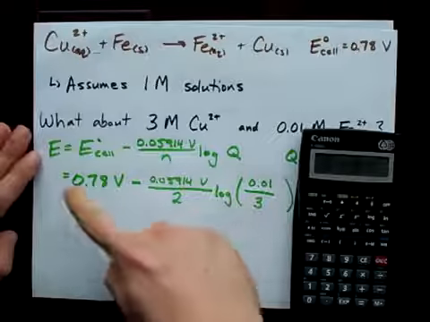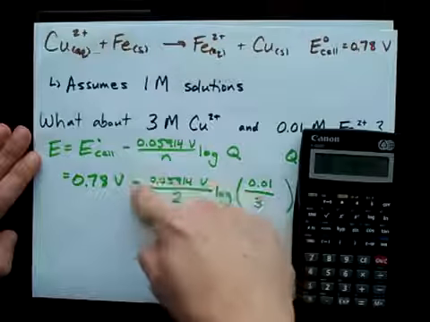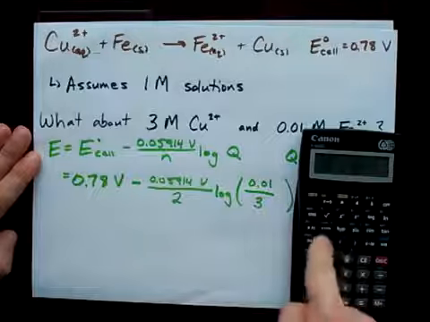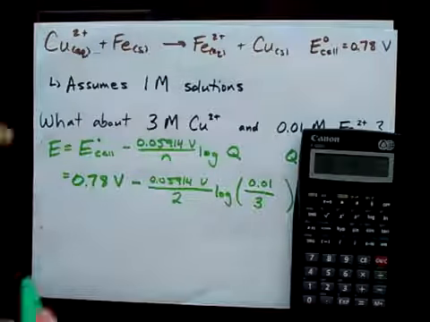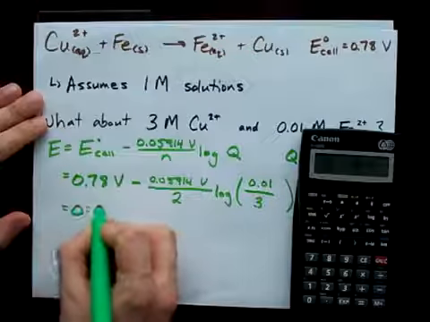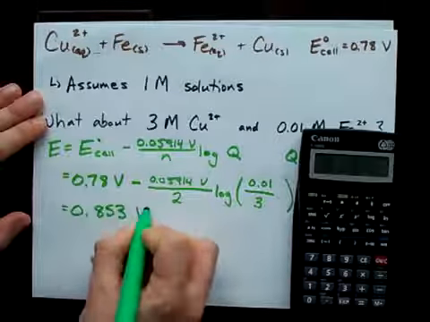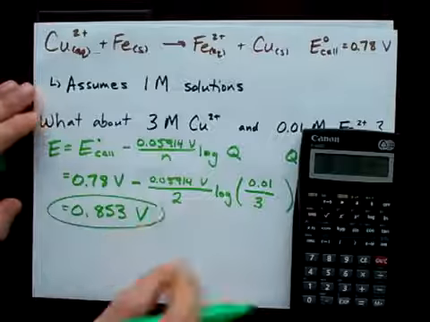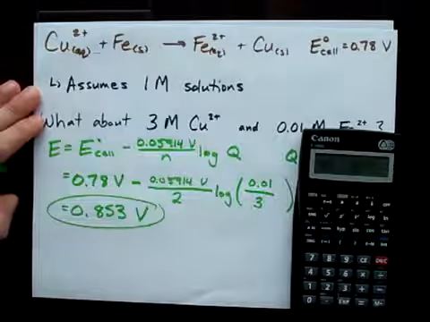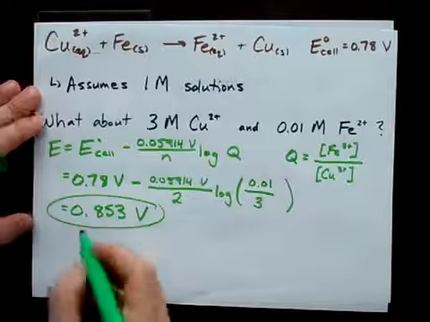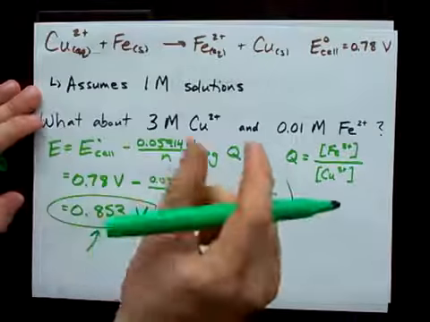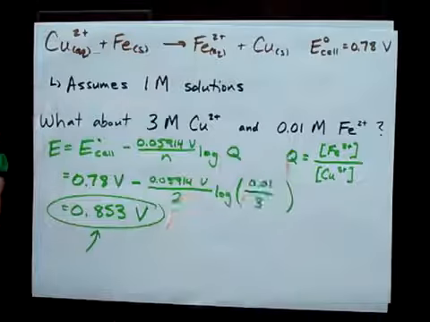Now I'm going to have 0.78 volts minus that. And I get 0.853 volts. By increasing the copper 2 concentration and decreasing the iron 2 concentration, I actually get a slightly bigger voltage out of my battery.